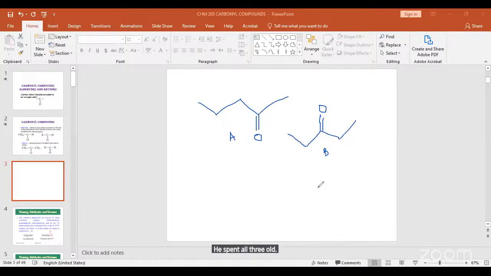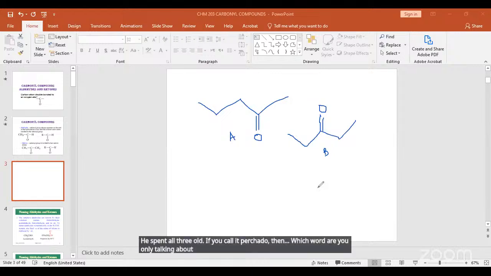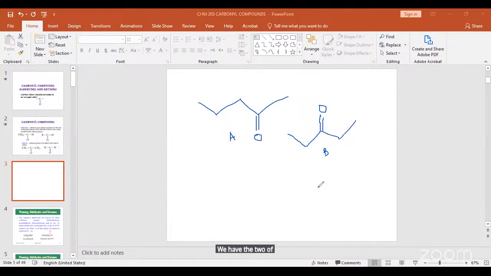If you call it pentanone, then which one are you really talking about? Or which one do you think should be the right answer? And I'm sure for your exam, you will have the two of them as options given, and pentanone will also be given as an option. So it's very, very important for you to indicate the position of your carbonyl group, especially when you have a ketone.